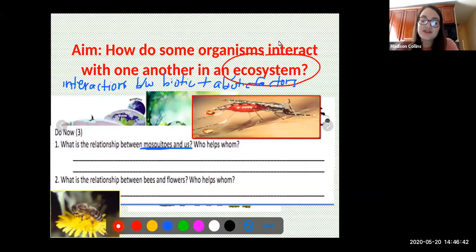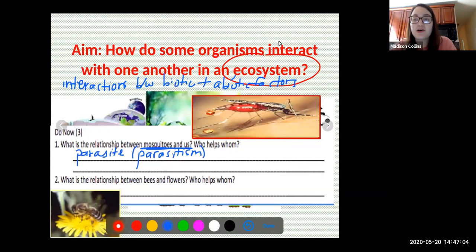All right, so you might have heard the word parasite used to describe mosquitoes. And that's not a coincidence, because the relationship we're talking about here is something called parasitism, which basically means that this mosquito is benefiting.